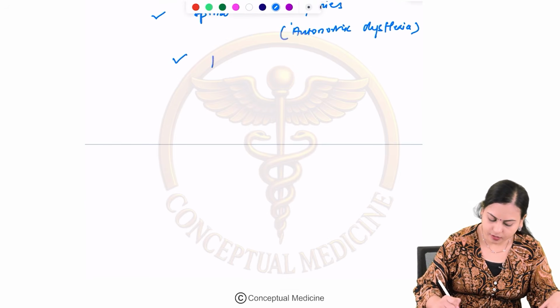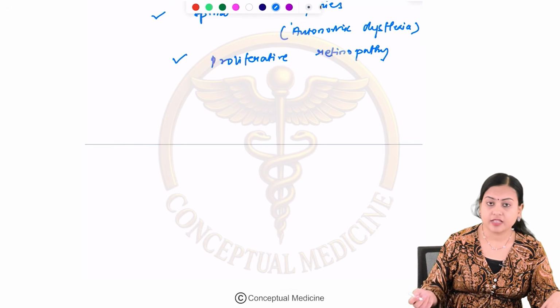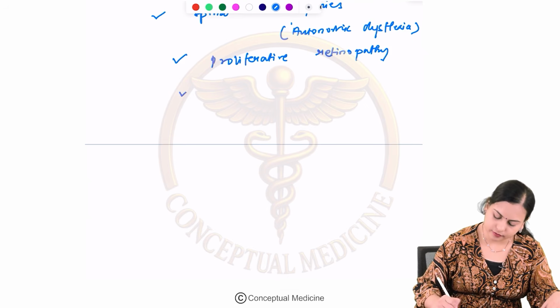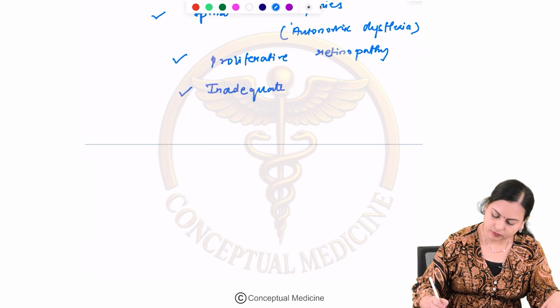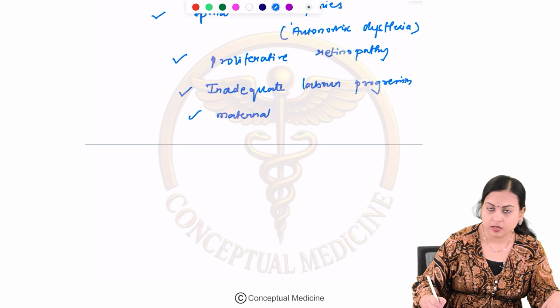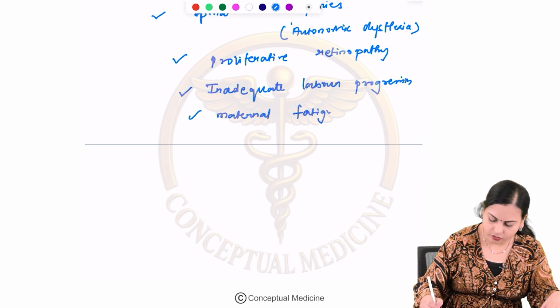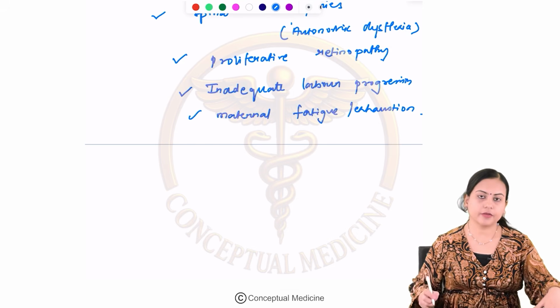Then, in case of proliferative retinopathy as well, when there is inadequate labor progression, or when there is maternal fatigue or exhaustion. Clear? Okay.